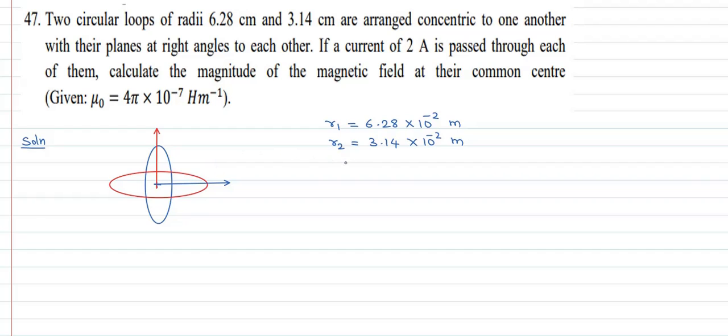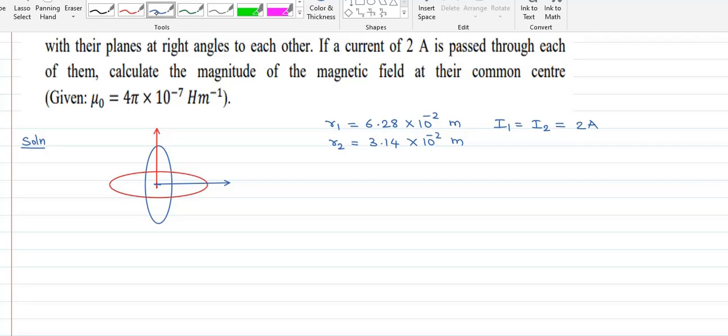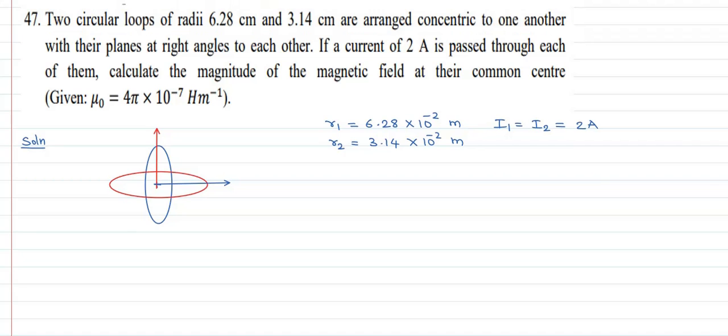Current of 2 ampere is passed through each of them. So current in both coils is same. So I1 is equal to I2, that is equal to 2 ampere. You are required to find the magnitude of resultant magnetic field at their center.